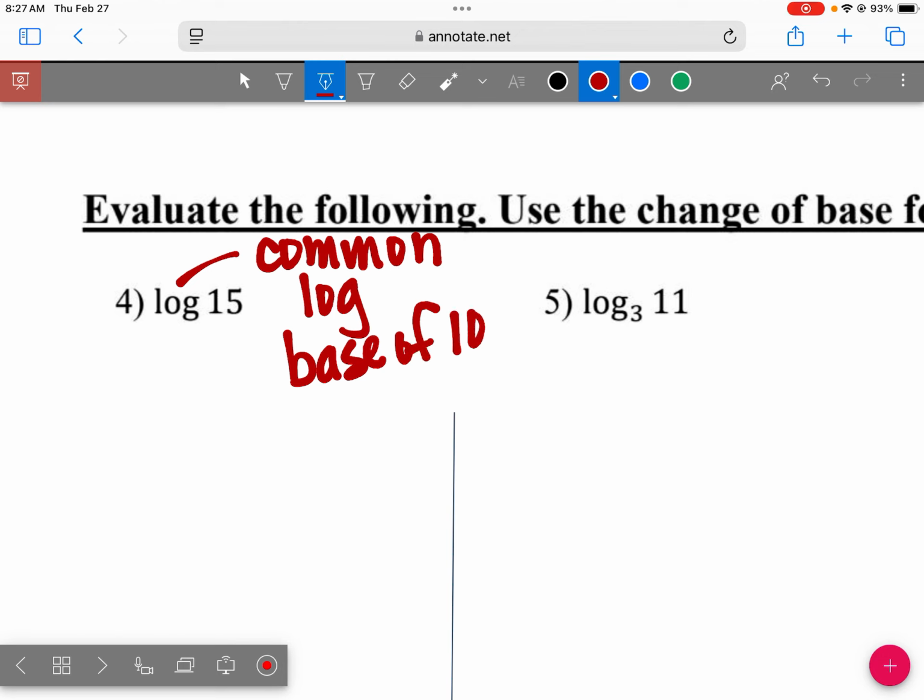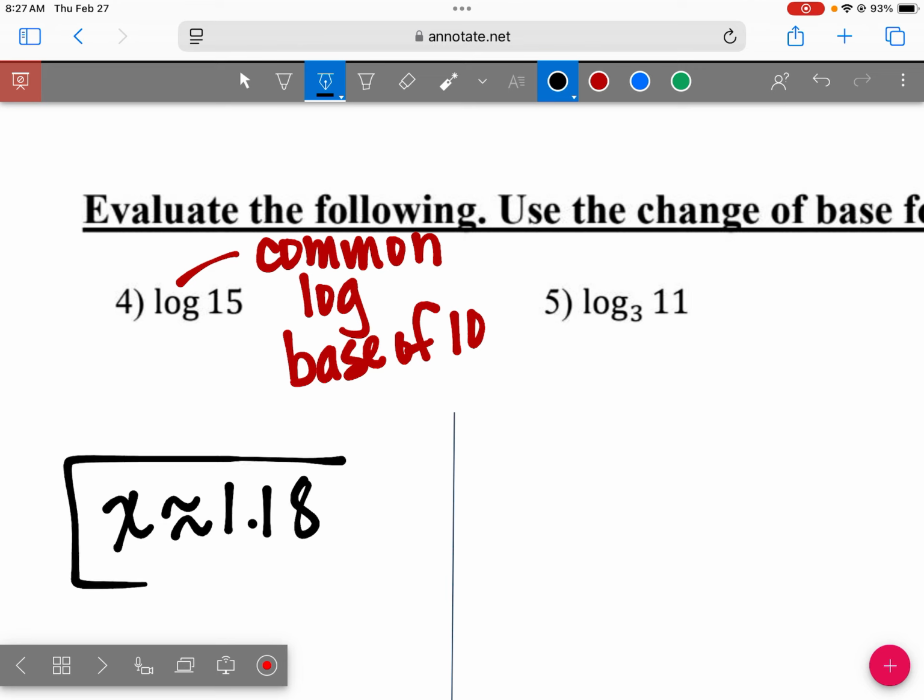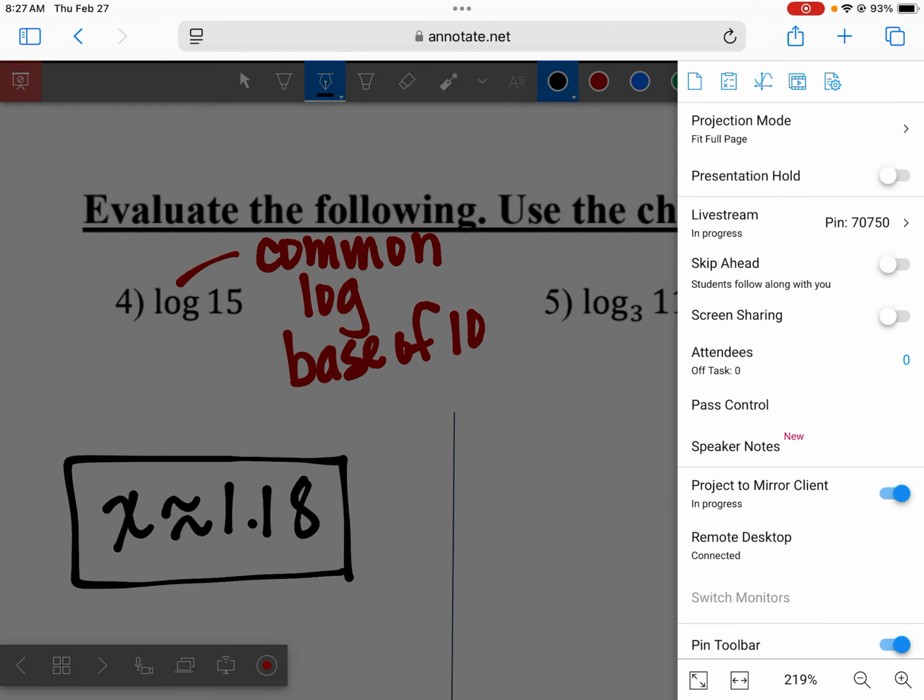We just need to type in log of 15. So no fraction needed because that's just a regular common log. And you should get approximately 1.18. All right, do the last two. I'll put up the answer shortly, and we can compare and see if we get the same answers.